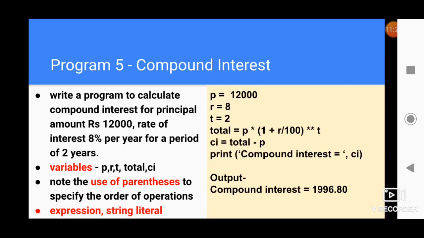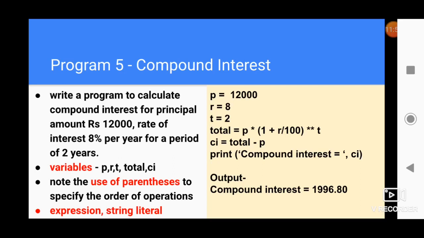So we create 3 variables. The first is the variable with identifier p, which gets the value of the principal amount 12,000. The second is the variable r, which gets the value 8, which is the rate of interest, and the third variable is t, which gets the value of time in years, which is 2.